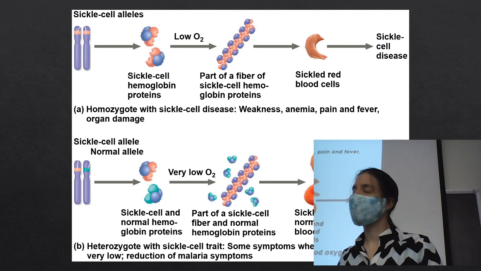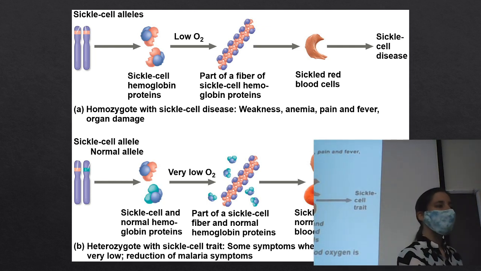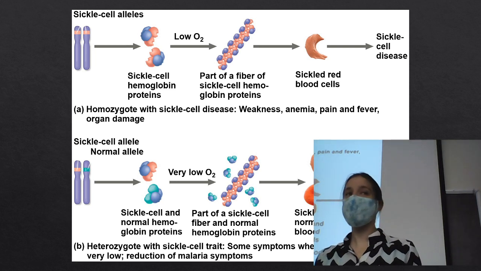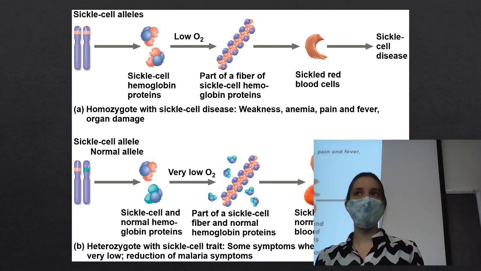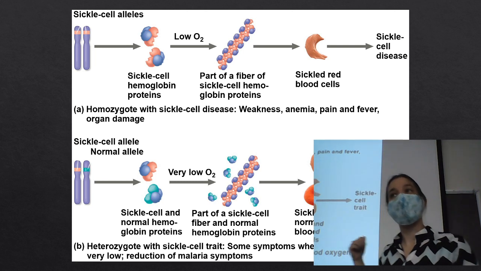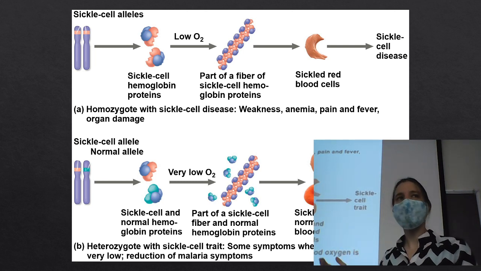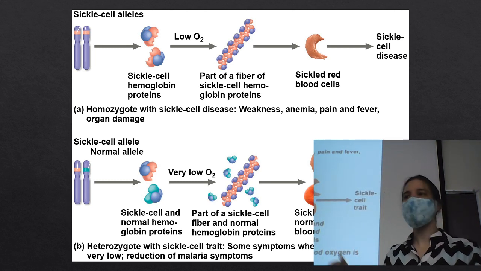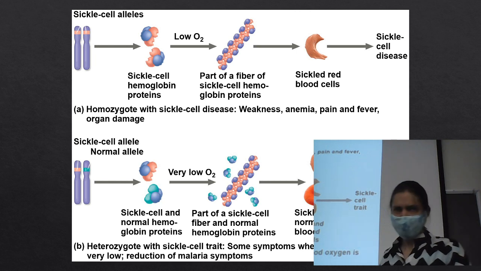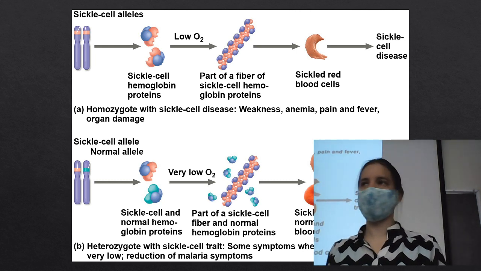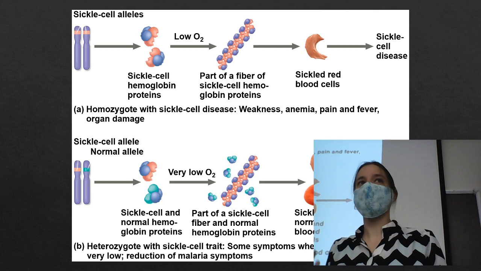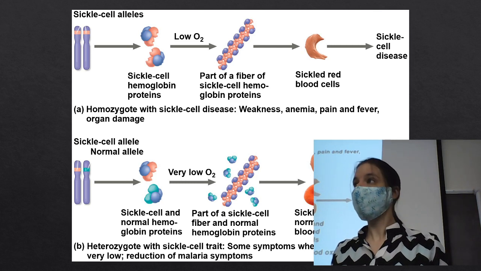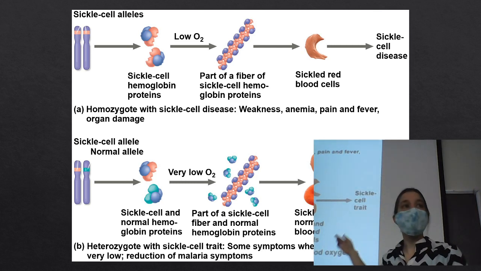That's a problem. However, if you're heterozygous for this, if you're a carrier for it, you don't have sickle cell anemia, but you're a carrier for it, and you get malaria, malaria is not nearly as deadly because your blood's shaped differently. If you get a bloodborne disease like malaria, you are more likely to survive. So yay for you. So having one copy is really protective.